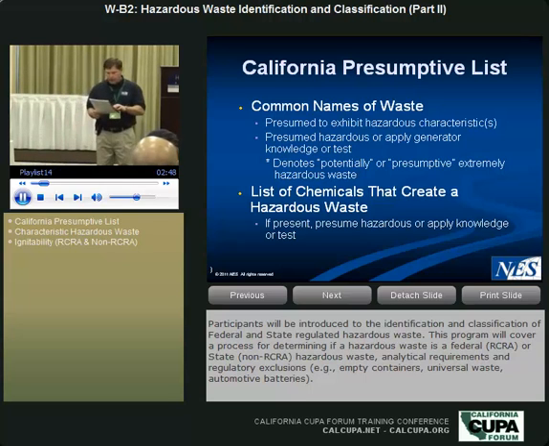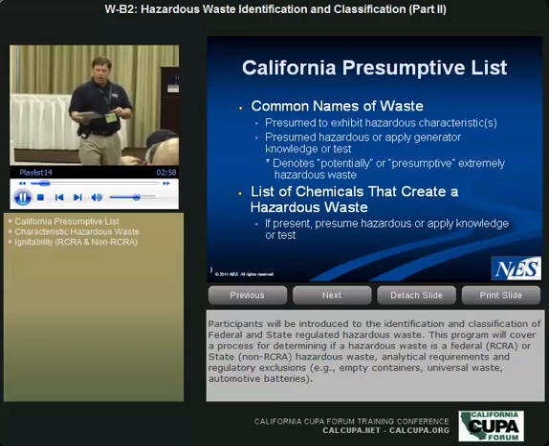And so if you look down the list, battery acid is considered to be corrosive. Bunker oil is considered to be both toxic and ignitable. Caustic wastewater is corrosive. My favorite, chemical toilet waste. Okay, it's considered to be toxic.